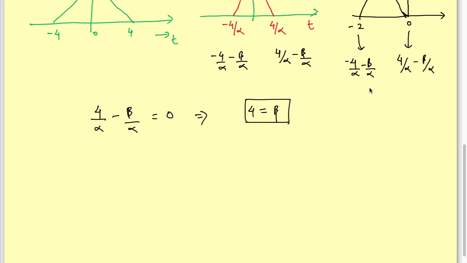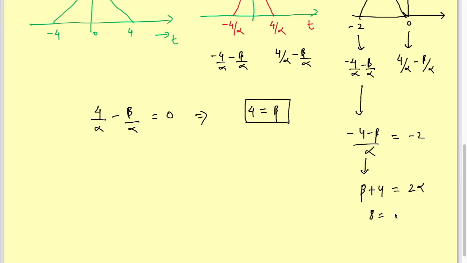If I equate the other part, I get -4 minus beta by alpha equal to -2. Taking minus common, I get beta plus 4 equal to 2 alpha, and we know beta is equal to 4.